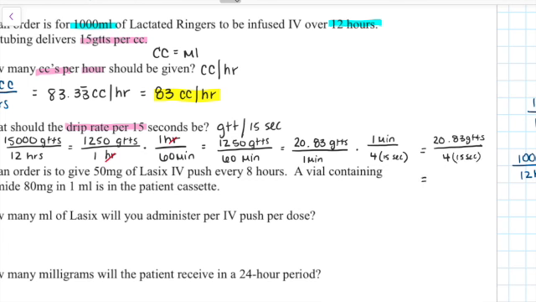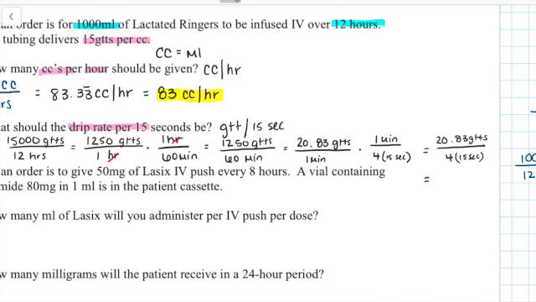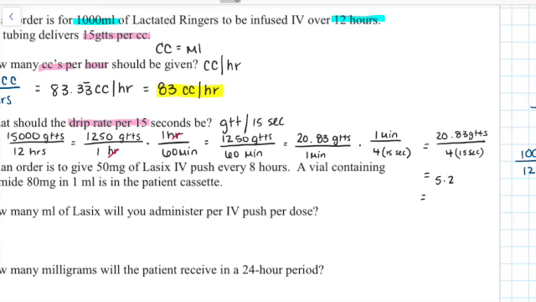And we're going to divide 20.83 drops by 4, and that gives us 5.2. And we're going to change that to just 5 because you can't give a 0.2 of a drop. So the answer is 5 drops per 15 seconds.